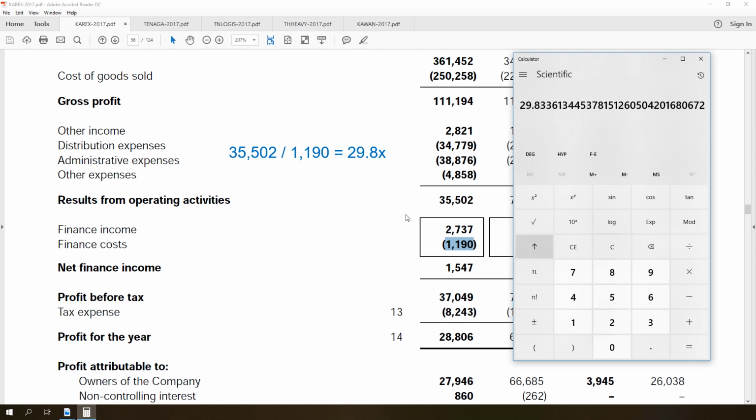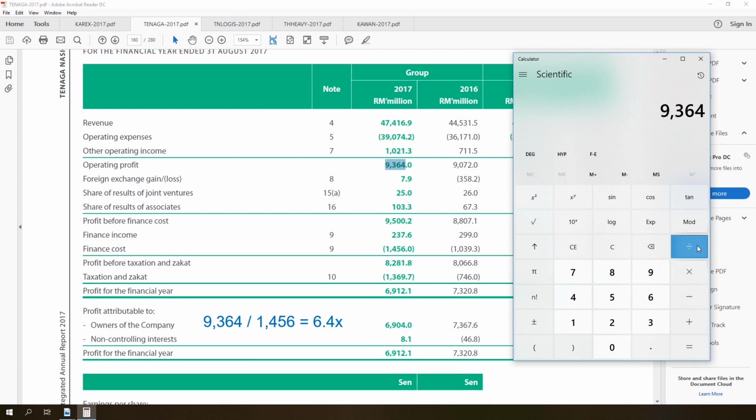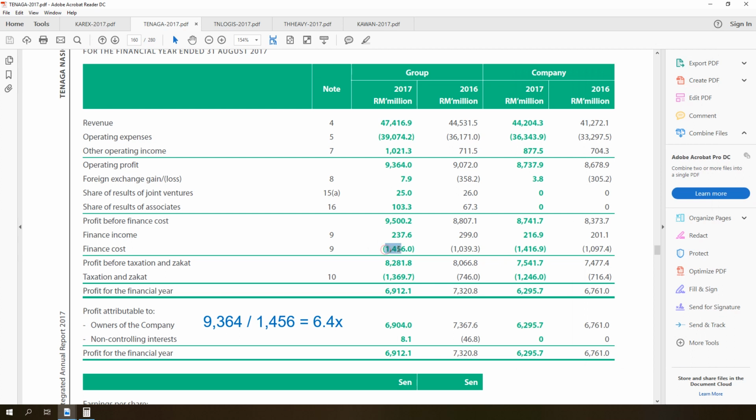Another example, this Tenaga 2017 annual report. We take 9.3 billion divided by 1.456 billion.